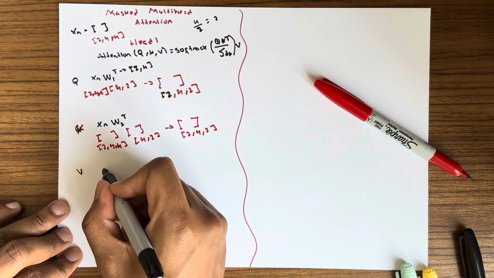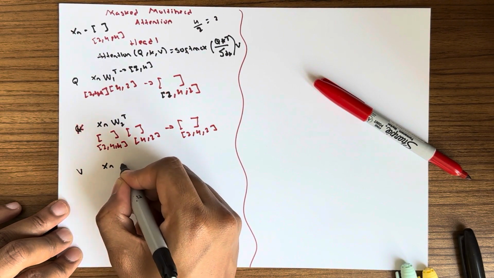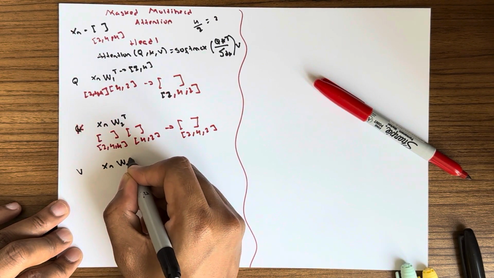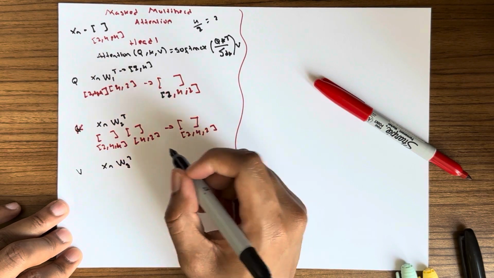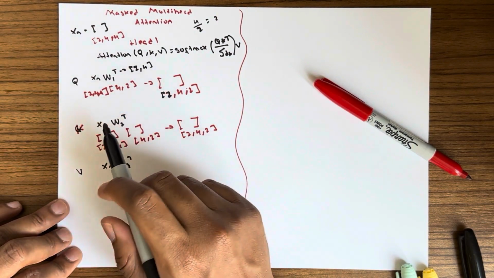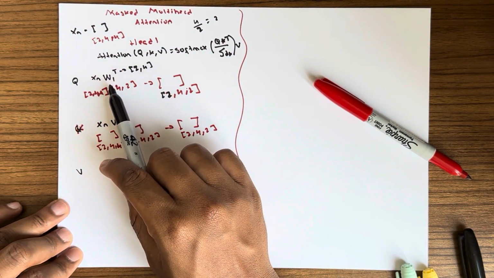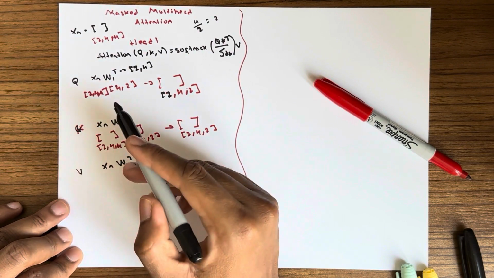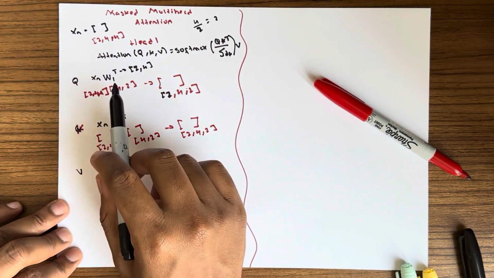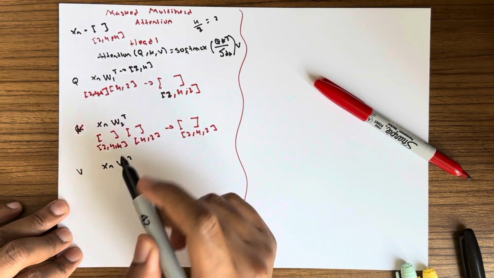Let's compute v. V is the same thing. Essentially we're repeating the same thing, but the only difference is w. Here we're using w1, here w2, here w3.